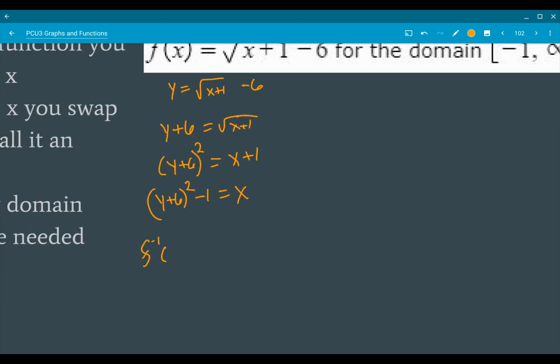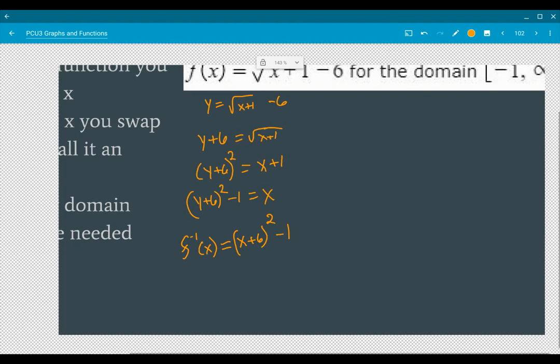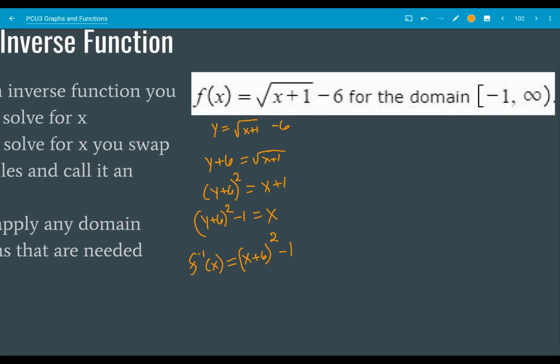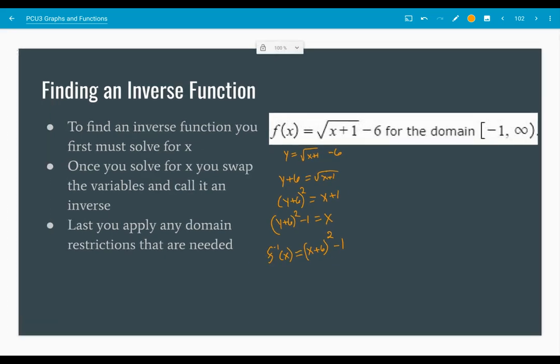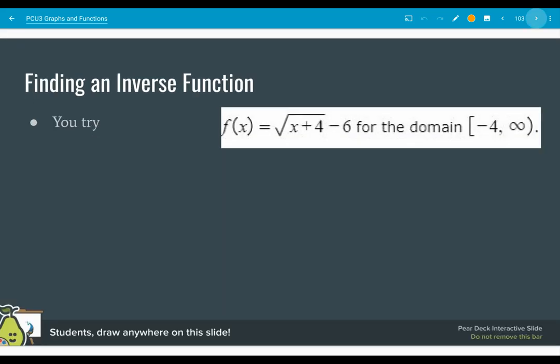So f inverse of x is equal to x plus 6 squared minus 1. Now, for the domain -1 to infinity, that domain's already given to us. So there we go. A couple for you to try in class on your own.